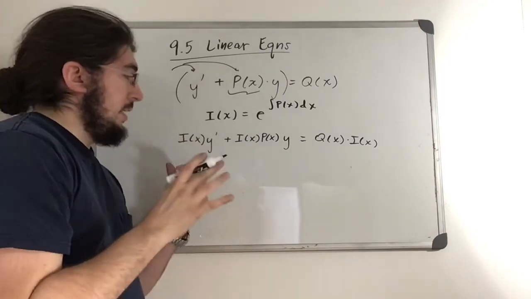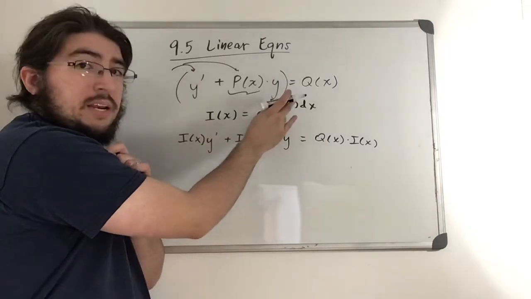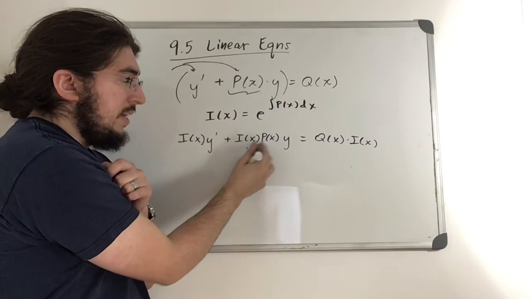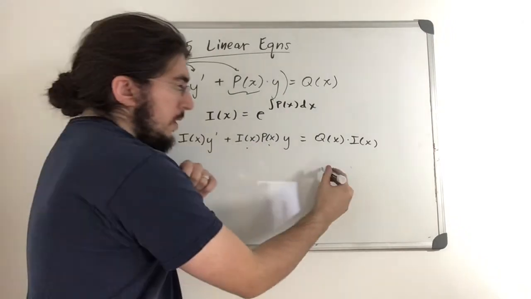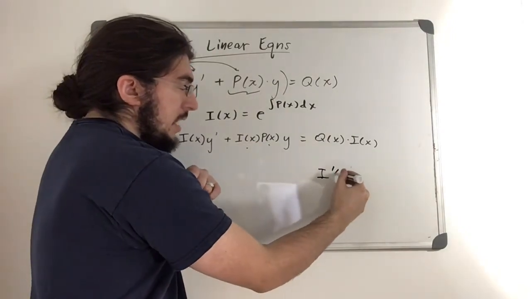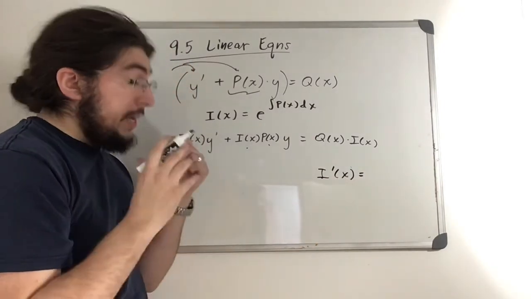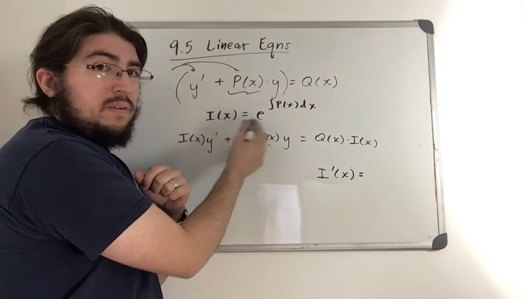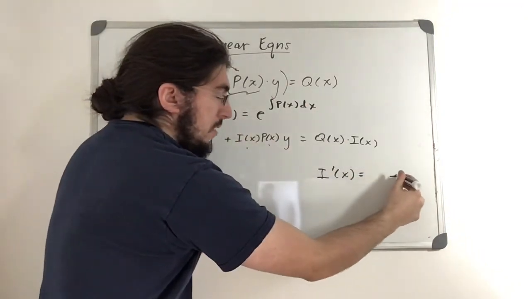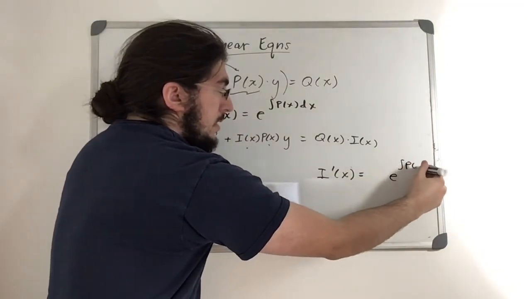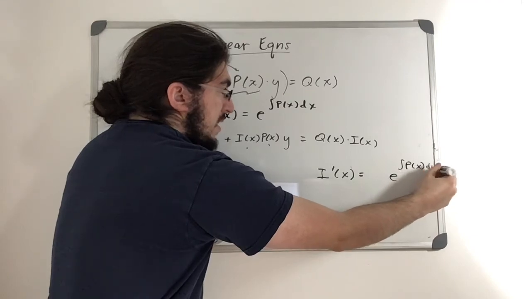Now, since I of x is e to the integral of p of x, what does it mean about I of x times p of x? Well, we already said that we wanted I prime of x to equal I of x times p of x. And it makes sense, because the derivative of e to the something is itself multiplied by the derivative of the power.